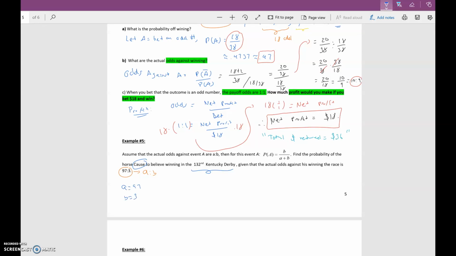So for this specific problem, let A equal the horse winning. The probability of A is going to be 3 over 97 plus 3, or 3 over 100, or basically 0.03.